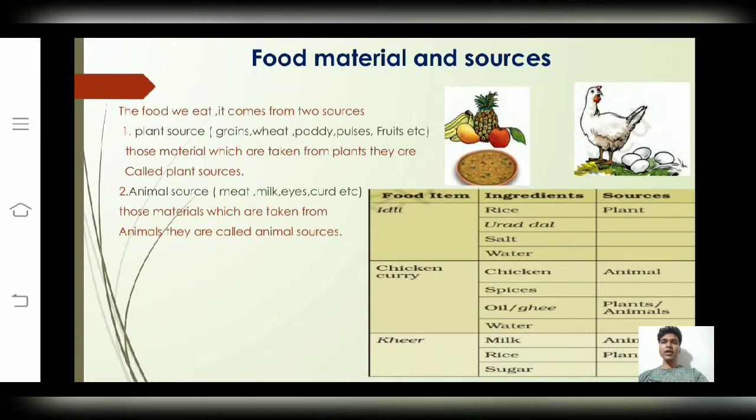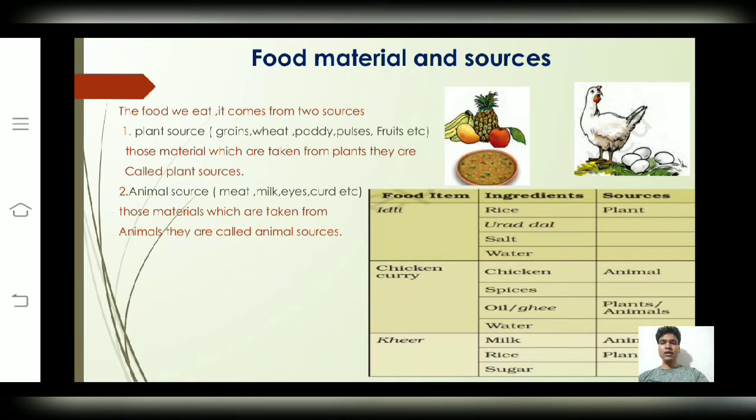Friends, here a simple chart is given, where the first column is the food item, the second is the ingredients used in that food and the third is their sources. So for example, we have to make idli. What do we use as ingredients?